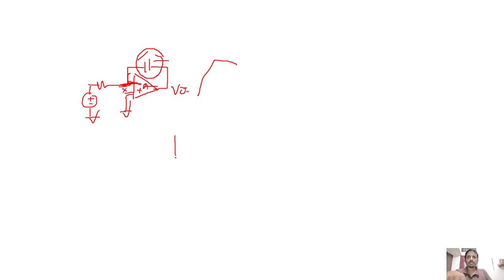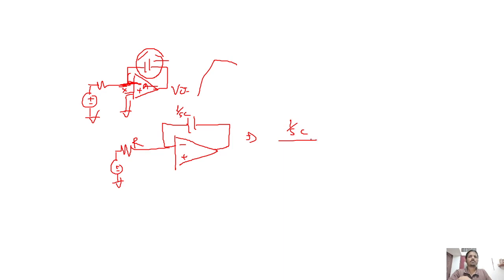So actually you are talking about a capacitor kept at the feedback, right? Yes, sir. So I have some circuit like this, with a resistance and 1 by SC. So actually the circuit is somewhat like this, right?